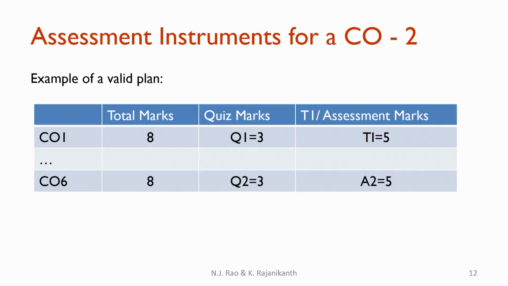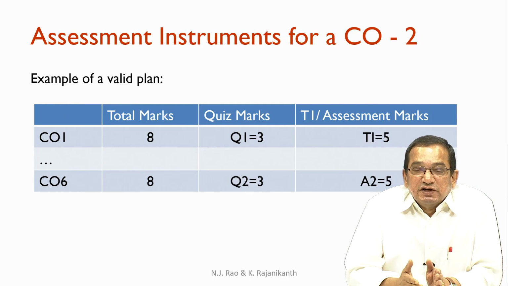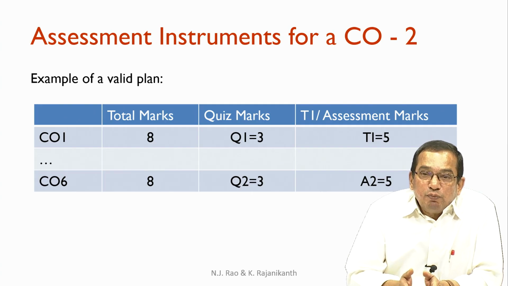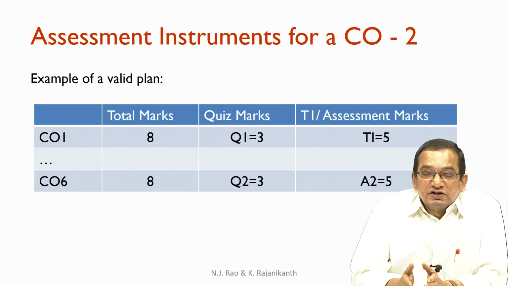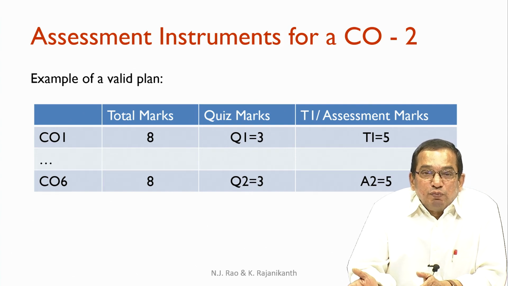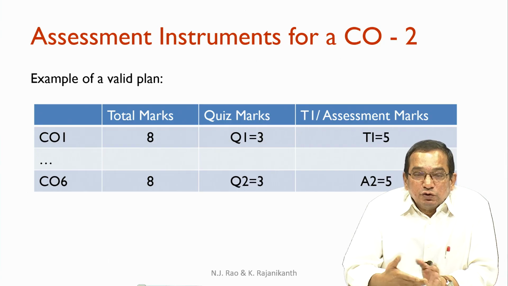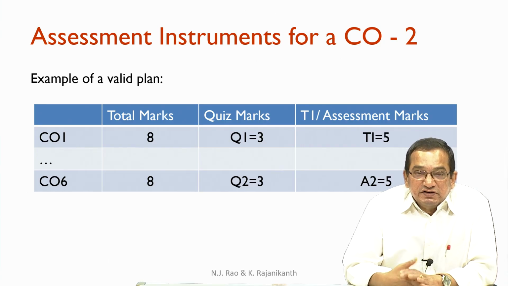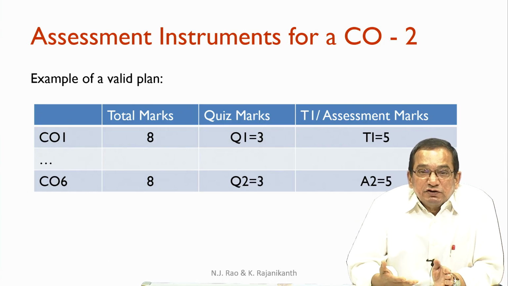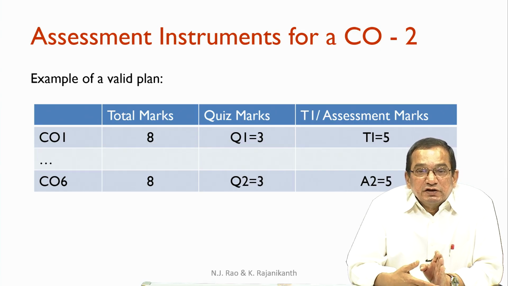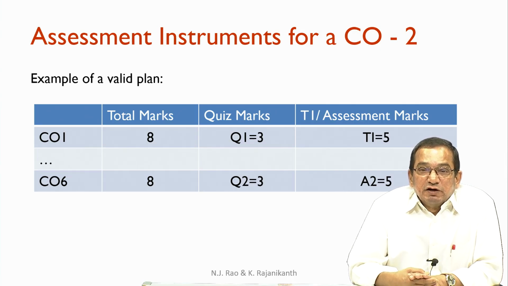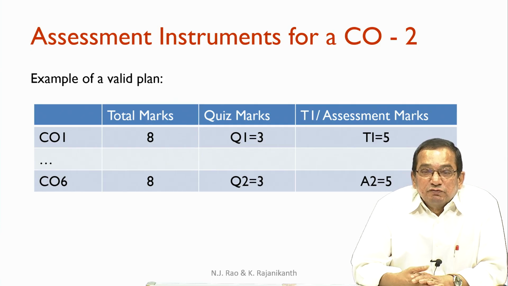So, this is an example of a valid plan. By valid, what we mean is that by the time the assessment instrument is scheduled, the instructional material related to that CO has been completed in the classroom. So, for CO1, the total marks allocated, as we have already seen, is 8, and the allocation is: in quiz 1, 3 marks, and in T1, 5 marks, total 8 marks.